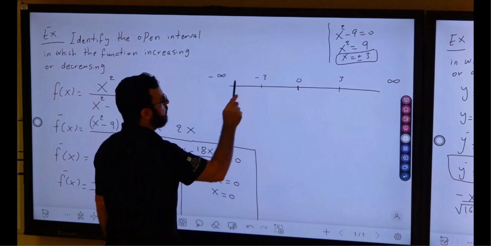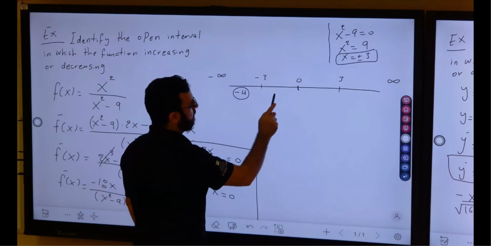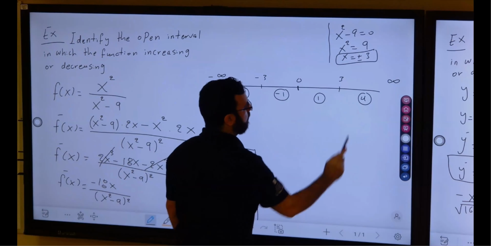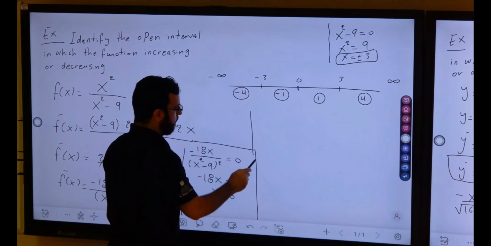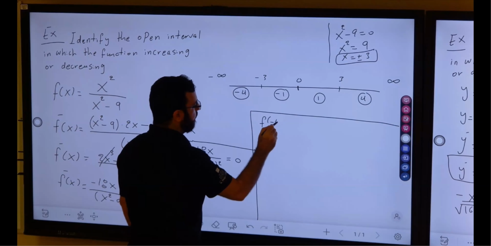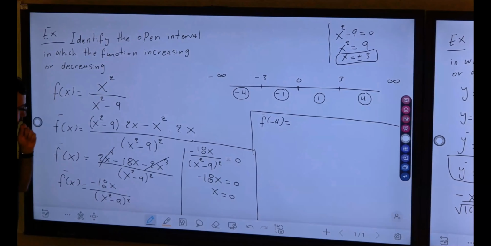So which number are you going to choose here? Negative 4 here, -1 here, 1 here, and 4 here. F of negative 4, not f, f prime.